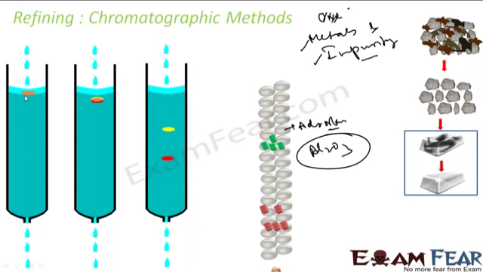For example, here also, this is, let's suppose, my impure metal. Now if you see, as it goes down, they are separated. Why? Because the yellow ones are more adsorbed, so they move at a slower speed. The red ones are less adsorbed, they move at a faster speed. But at the end of the day, by the time it comes here, they are separated, and we can actually separate them.